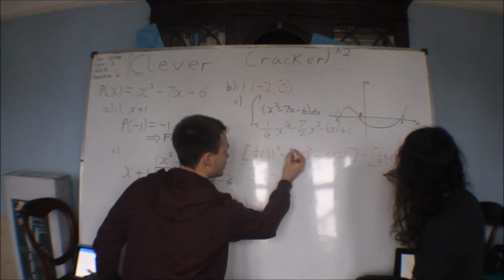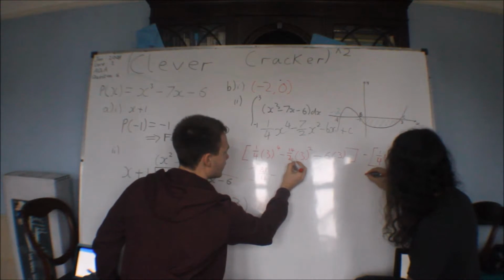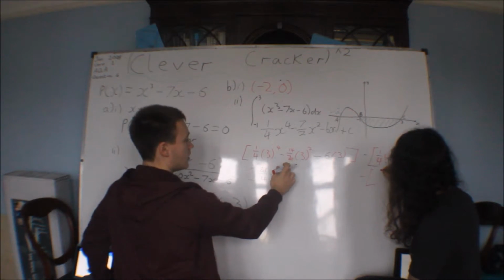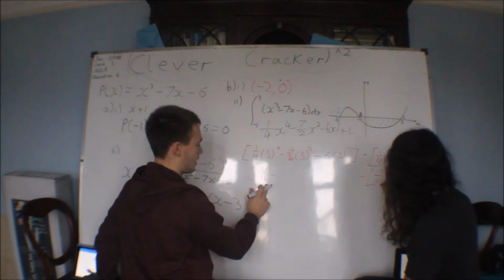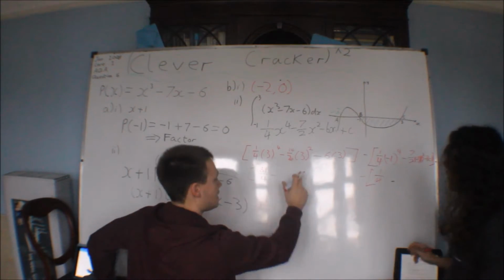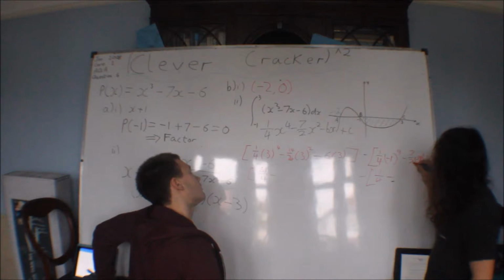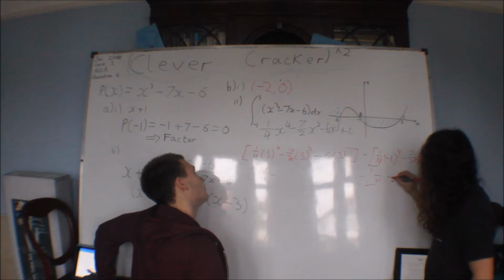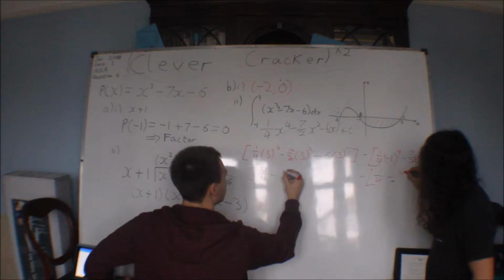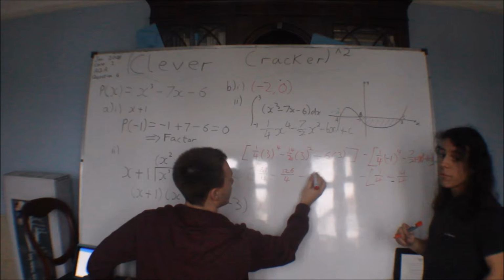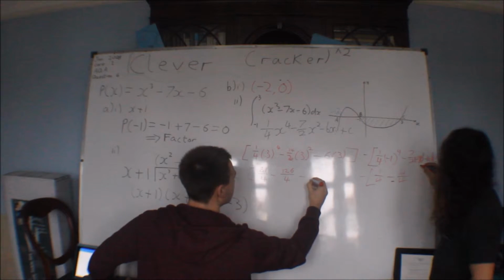So that's 14 over 4, the same as 7 over 2. Now they'll be easier to subtract because of the same denominator. 14 times 9 is 126 over 4. Minus, 6 times 3 is 18. Okay, it's quite hefty.